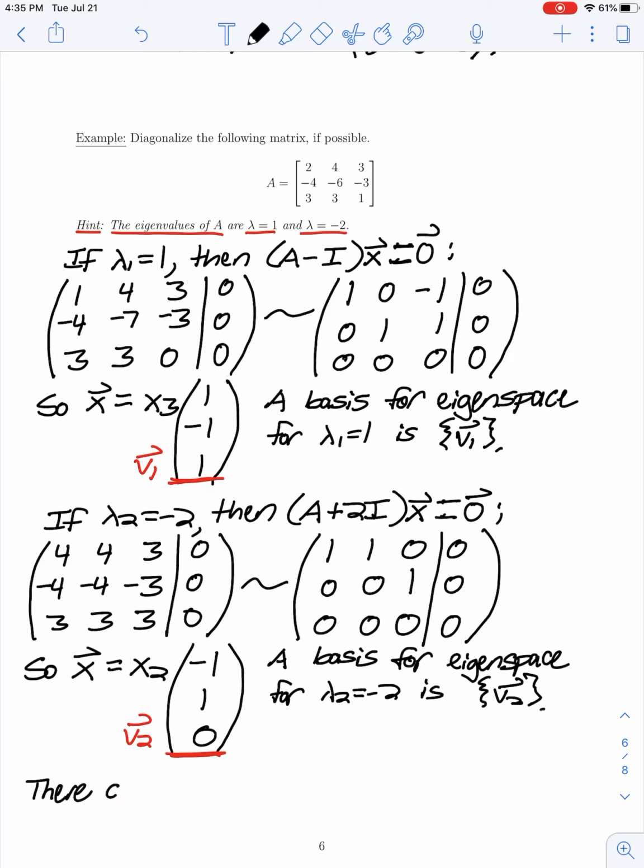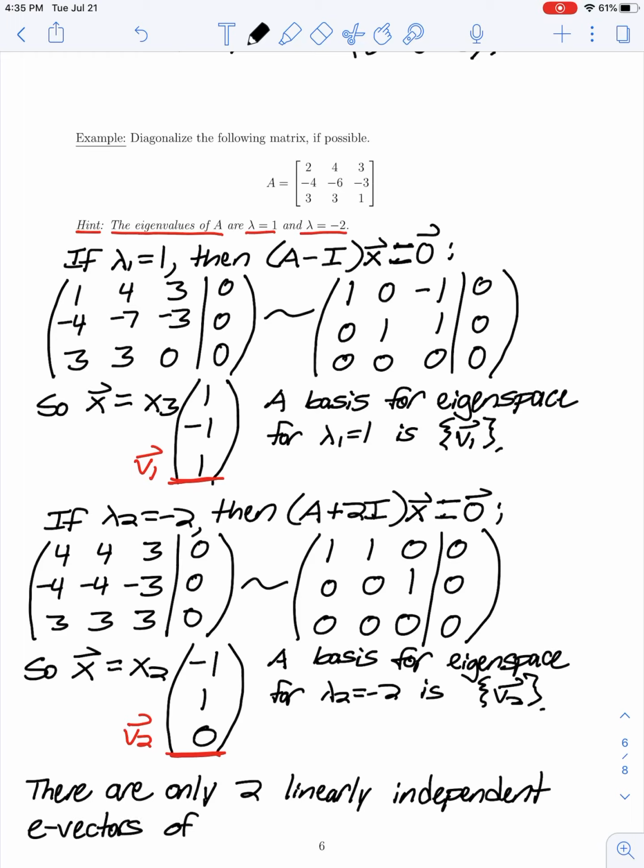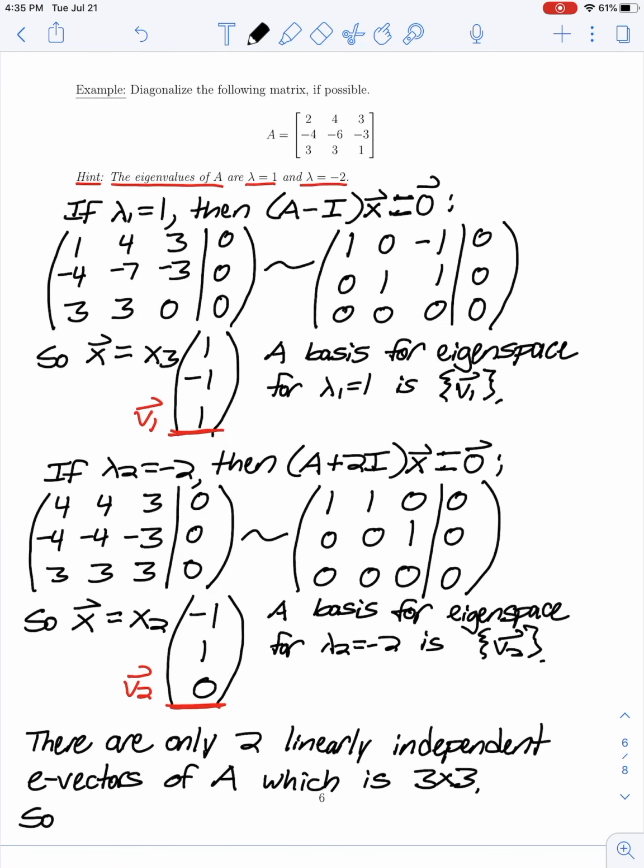So here we can say there are only two linearly independent eigenvectors of A, which is a 3 by 3 matrix. So by the diagonalization theorem, the matrix A is not diagonalizable.